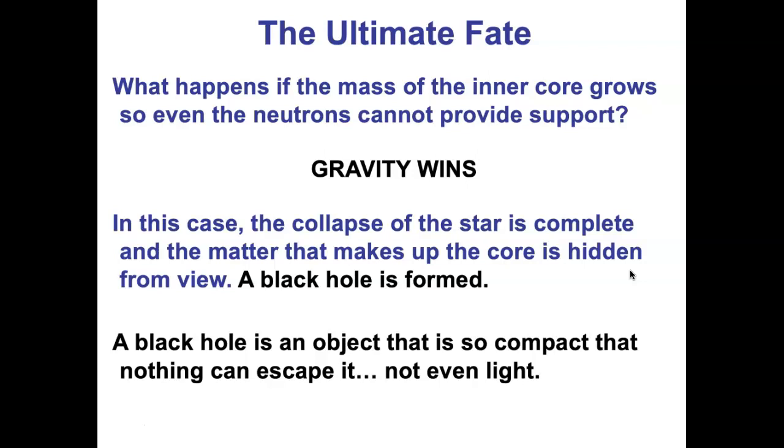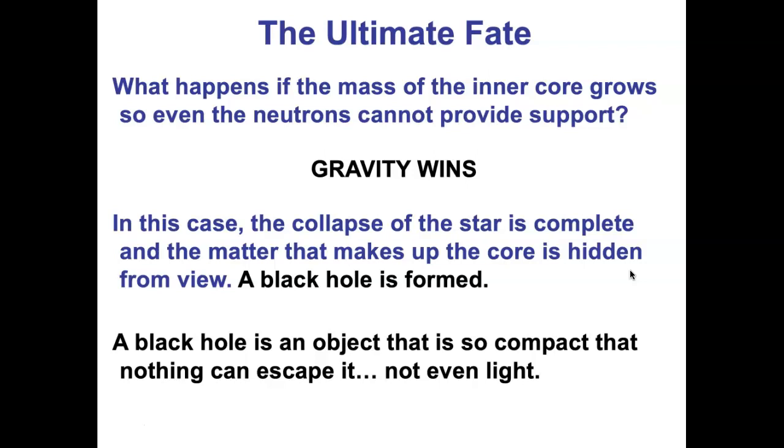When that iron core collapses, if a star is born with over 20 solar masses, then its iron core is so high mass, nothing can stop its collapse. Once the nuclear fusion has stopped in the core, pressure loses, gravity wins completely, and gravity implodes the core down to a single point in space.